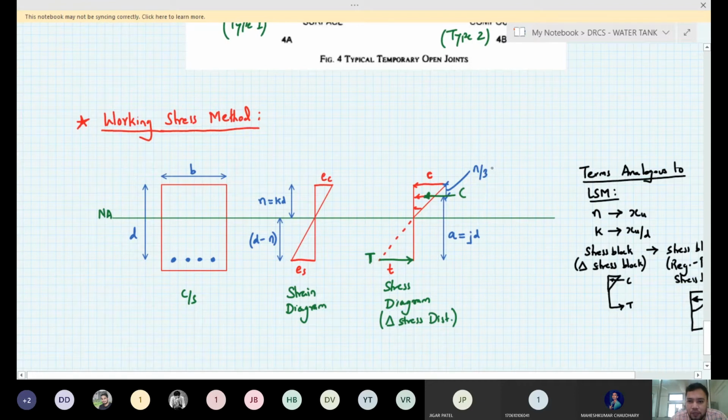We can write this as kd by 3 also. If this is n by 3, then we can also write this as d, the overall depth from here to here, minus this distance, that is n by 3.